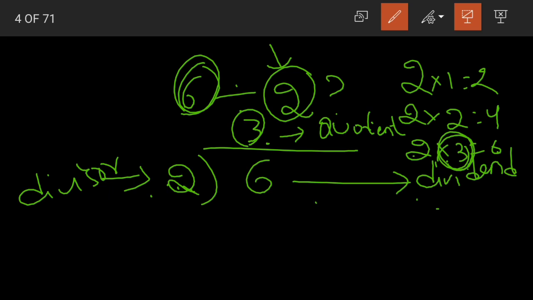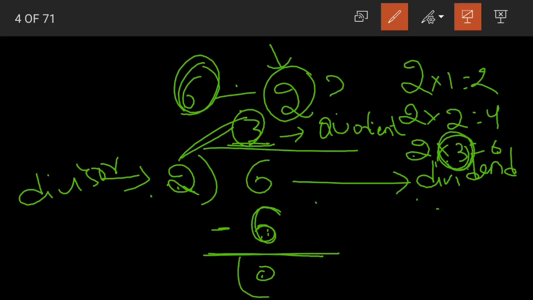Normally when we ask what is the answer of the division, we give the quotient as our answer. Now what to do? 2 threes are how much? 6. Write the product below the number and we need to subtract. 6 minus 6 is 0. That's it. This marks the end of division.